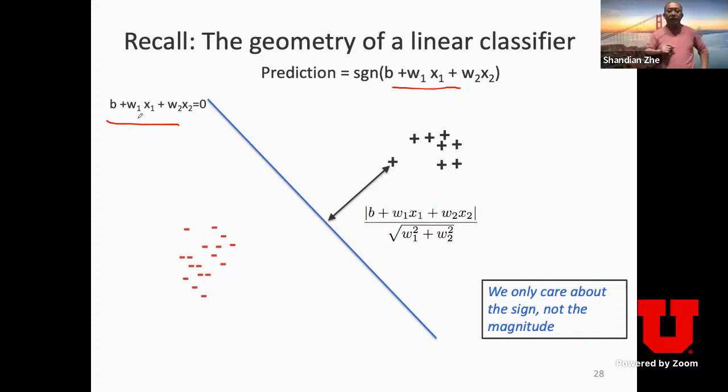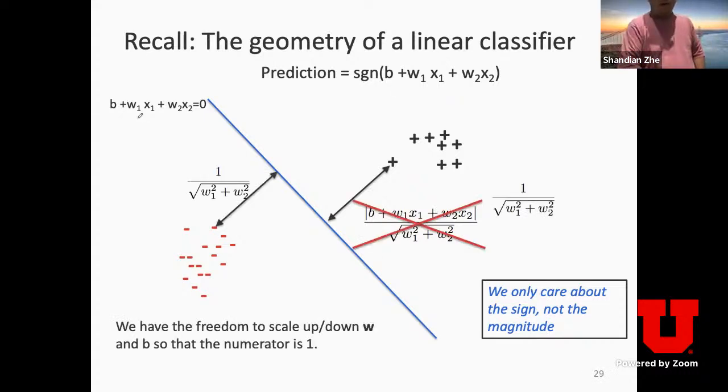So the key observation here is that because the prediction only cares about the sign, it doesn't care about the scale. So if you multiply the model parameters, including B and all the weights, by any positive constant, it doesn't change the position or direction of the classification boundary of the hyperplane at all.